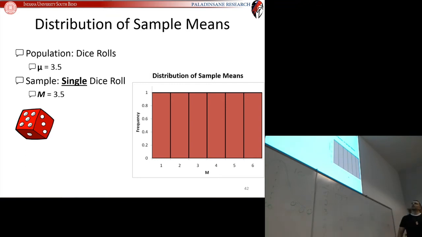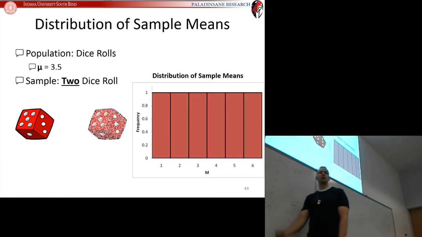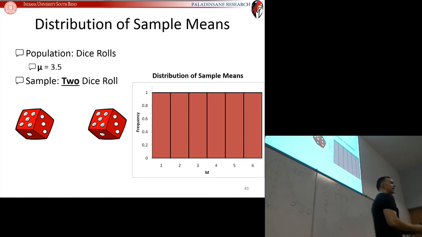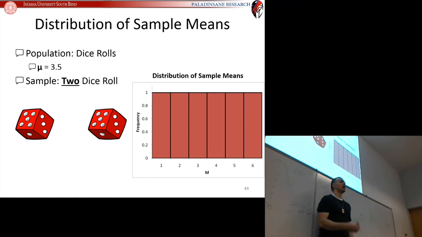So let's take a look at what happens when you roll 2 dice. We're going to do every single possible combination of 2 dice. So if you roll 2 5s and you figure out the mean, 5 plus 5 is 10 divided by 2 gives you a sample mean of 5. You roll 2 dice again, you get a 7. Average of that is 3.5.